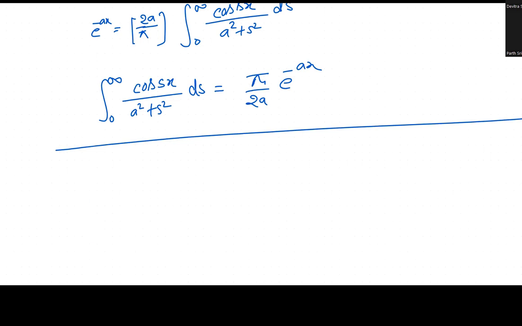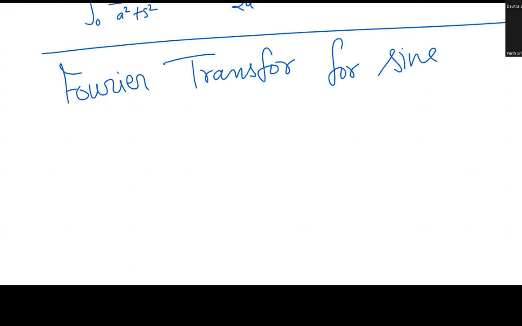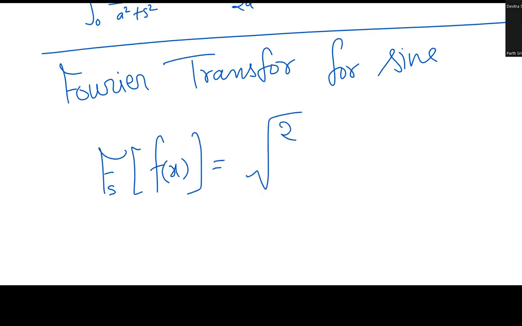So the Fourier sine transform: Fs of f(x) is equal to square root of 2 by pi, integration 0 to infinity f(x) sine sx dx.